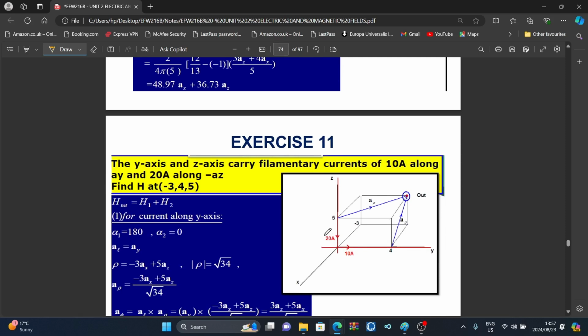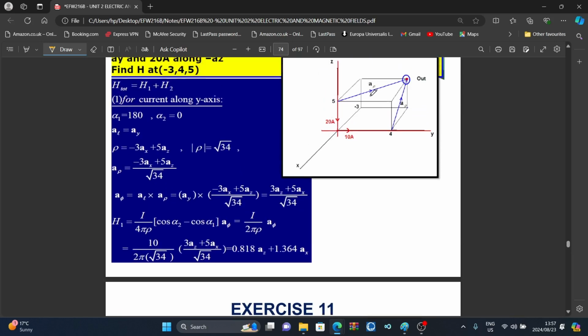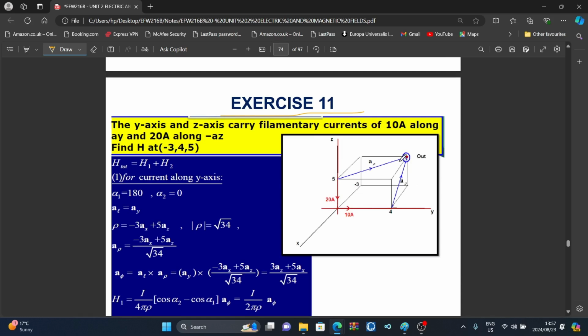And the same goes for exercise 11, it's the same method. So just check that out. But in this case there are two. You use the same method for each and every one of them. So you have H1, you just focus on H1, you leave out H2. When you calculate H2, you leave out H1.